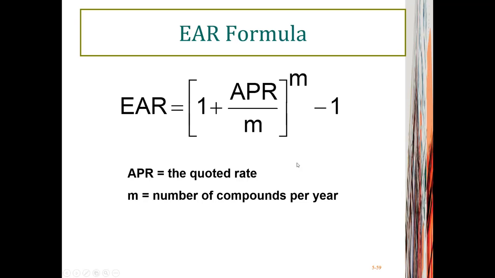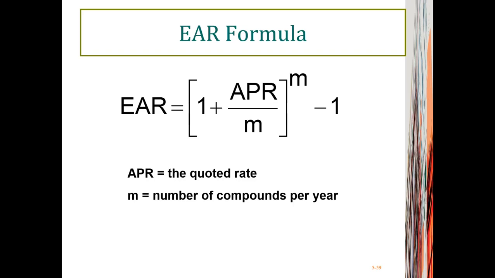And here's a relationship between the true interest rate, EAR, or effective annual rate, and APR, the quoted interest rate in most mortgage contracts. EAR equals 1 plus APR divided by M, raised to the power M, minus 1. APR is the quoted rate, and EAR is the effective annual rate, or the true interest rate.